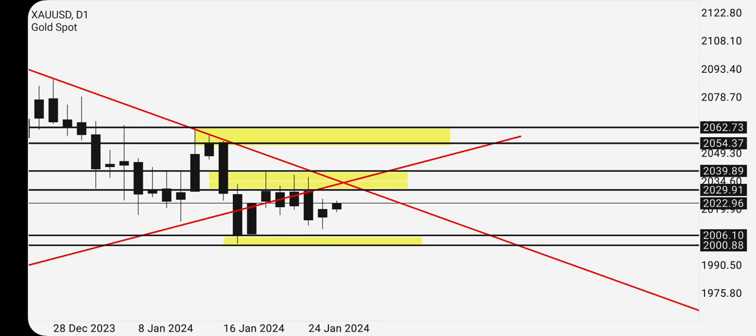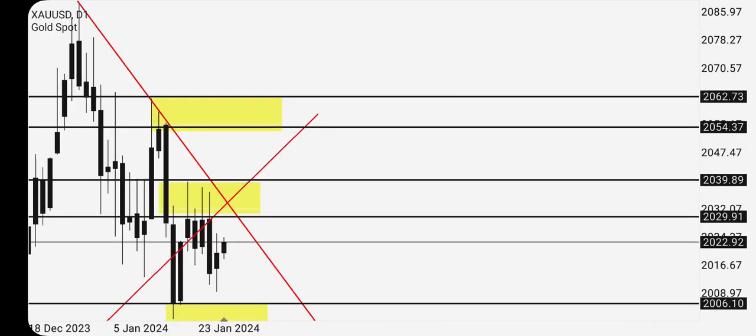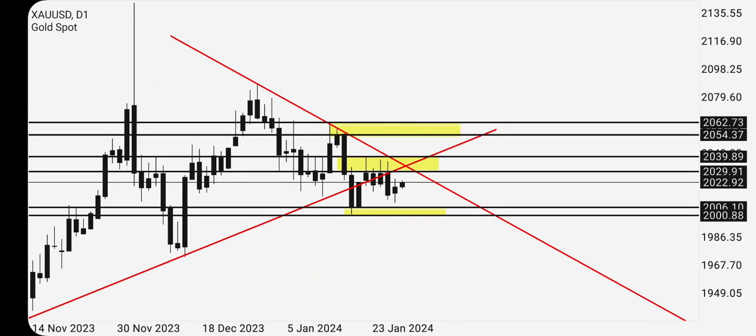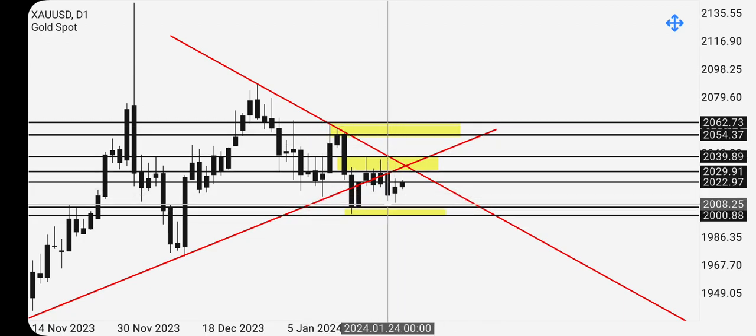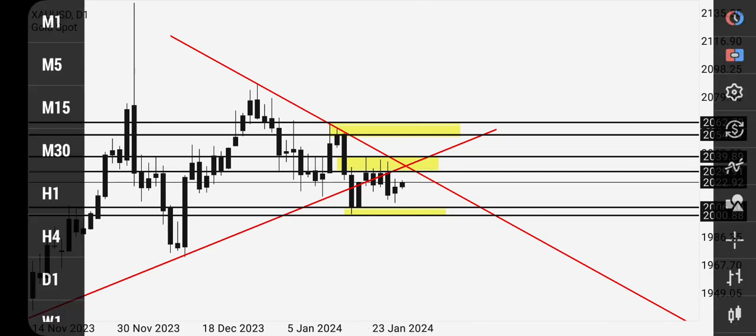So the last stage of my analysis, I will put in the Fibonacci. On the current market, it's busy pushing up. The previous market was pushing down. Now it's pushing up. There are some buyers in the market.